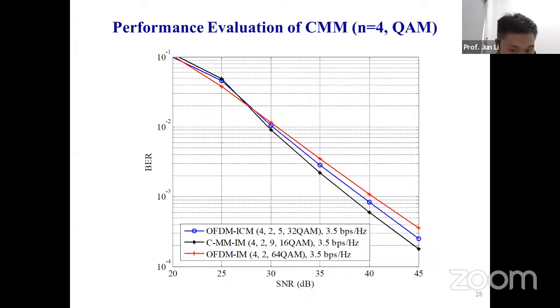We can still see that the composite multiple mode IM is better than the conventional ICM scheme and the conventional OFDM-IM scheme. Even though the transmission rate or spectral efficiency is very high, it still has better performance, around 2.5 dB performance gain and 1 dB performance gain over the conventional OFDM-IM and the conventional OFDM-ICM.